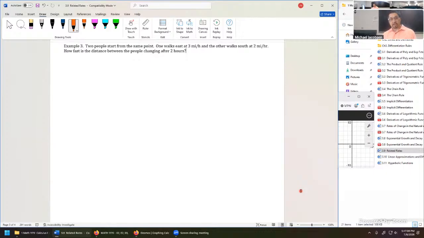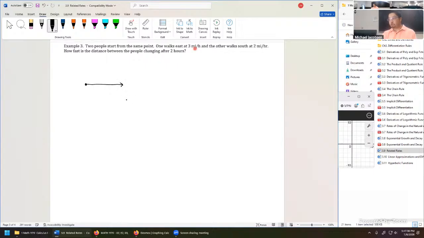And this adds a bit of a complication layer to this, making the work a little bit more tricky to get through. It says two people start from the same point. Let's draw a diagram to go along with this because it's a pretty visual problem. Here's their common point where they're going to start. Maybe they had an argument, so now they're just moving away from each other. One person going east at the rate 3 miles per hour.